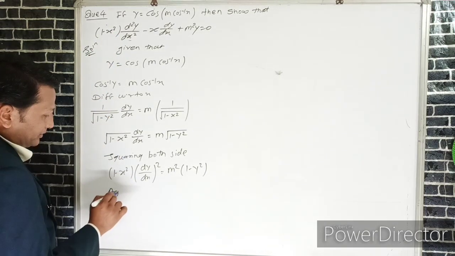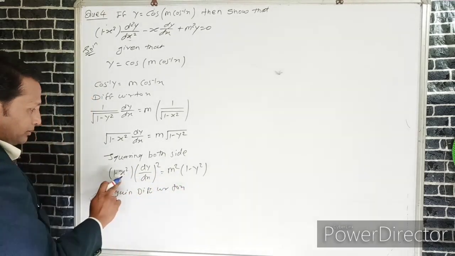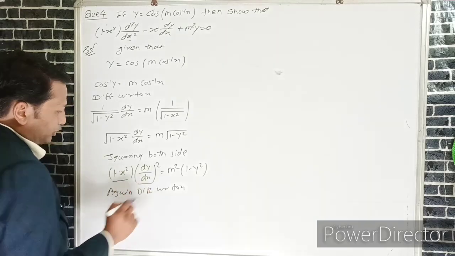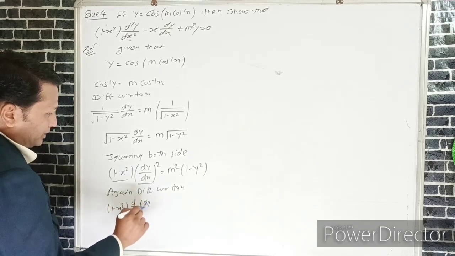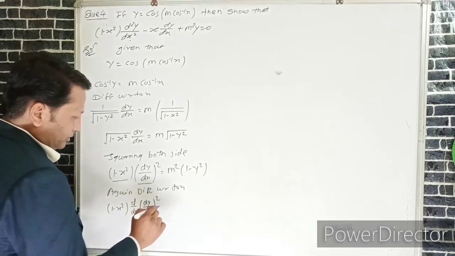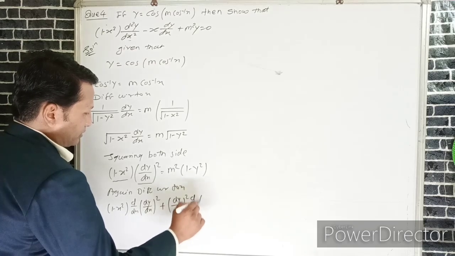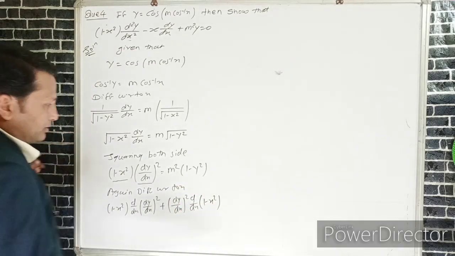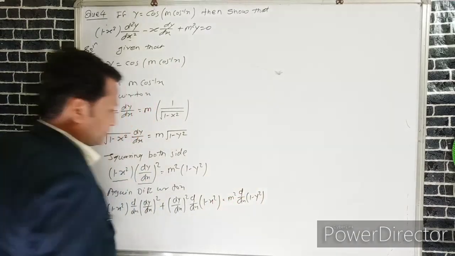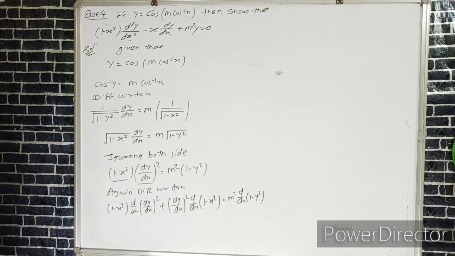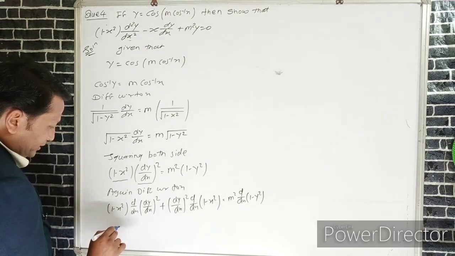If we again differentiate with respect to x, we can write, by the derivative of u into v, 1 minus x square into the derivative of (dy upon dx) whole bracket square, plus (dy upon dx) whole bracket square into the derivative of 1 minus x square, is equal to m square into the derivative of 1 minus y square. m square is a constant; now the derivative of 1 minus y square. 1 minus x square as it is.